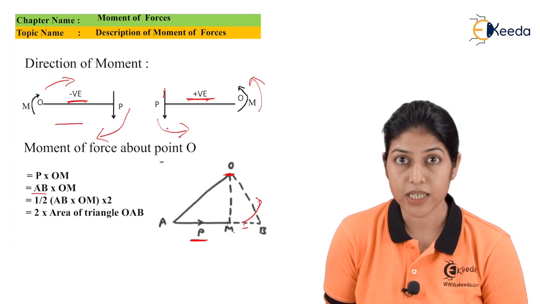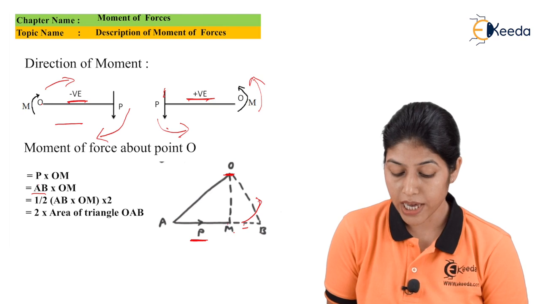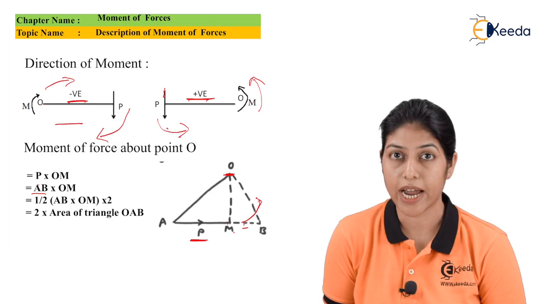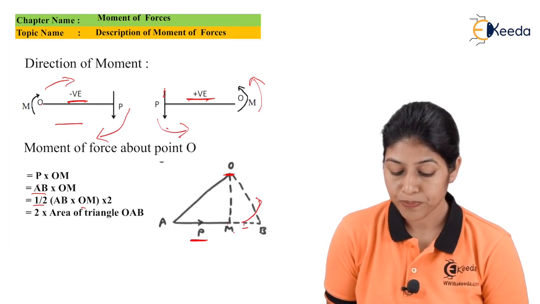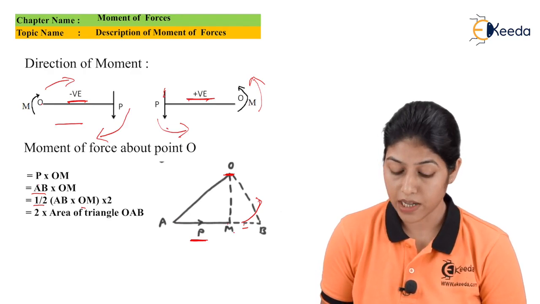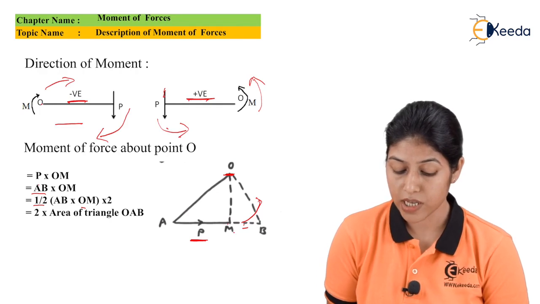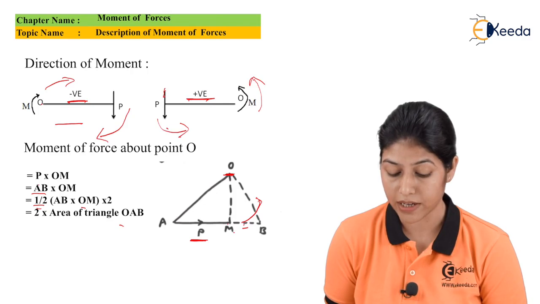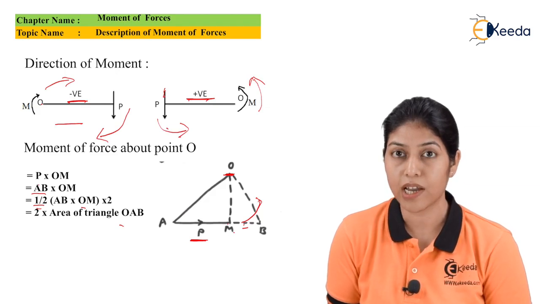Now if we simplify this equation, we multiply by 2 and divide by 2, so the equation will be 1 by 2 AB into OM into 2. Here this term 1 by 2 AB into OM represents the area of the triangle OAB, so the moment will be 2 into area of the triangle OAB.